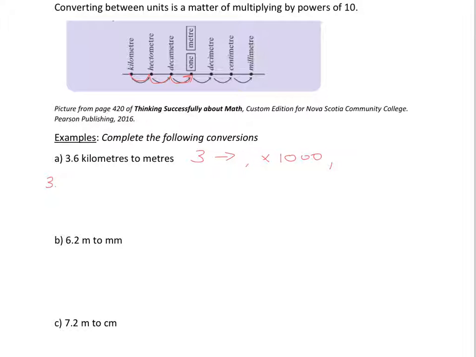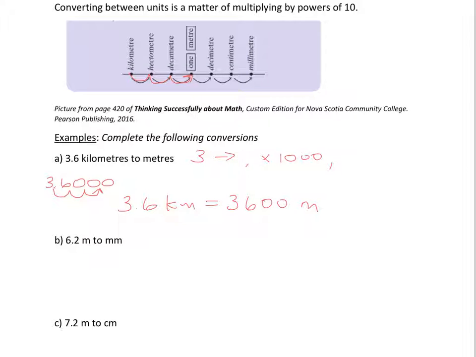So write out the number that you're using, and if you need to, add zeros to the end for moving to the right at least, and then think about moving that decimal place 3 spaces over. So the new decimal place will be after the second 0, so we could say that 3.6 kilometers is equal to 3,600 meters. I'm going to just switch to a slightly thicker pen so that my decimal places show up a little better.